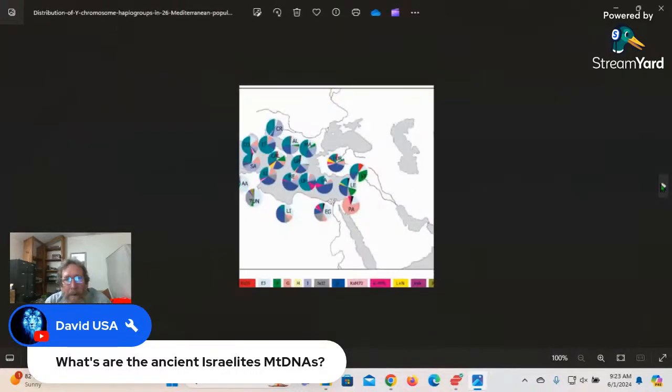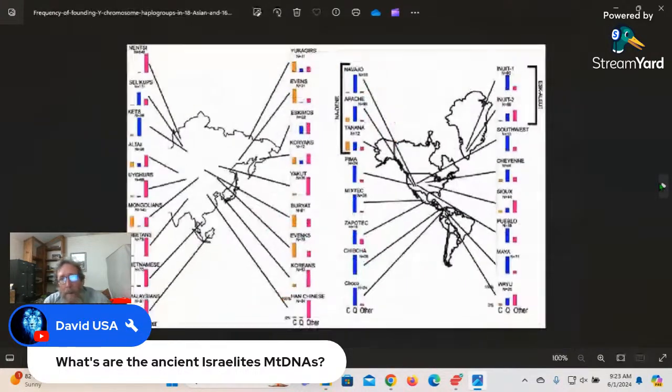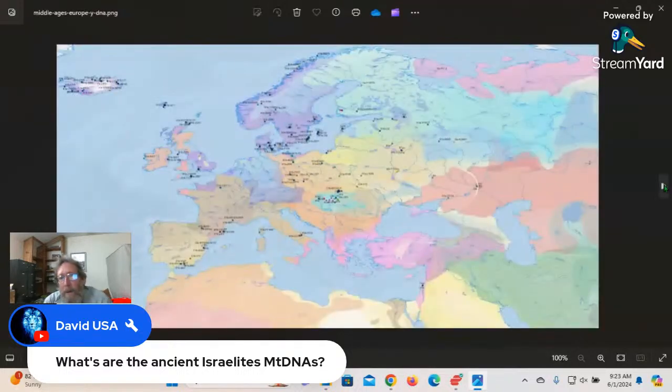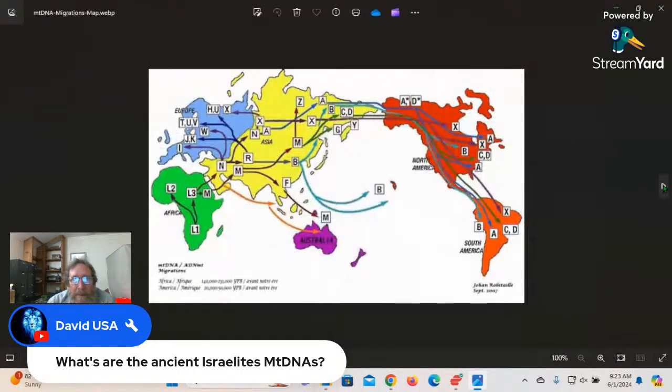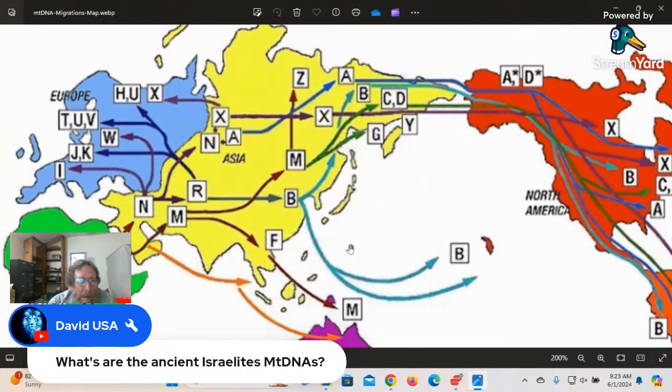Let's see what we got here. Might run across it one of these days. Here we go. Here's one. So this is going to show the mitochondrial lineages because you have the L1, 2, 3.